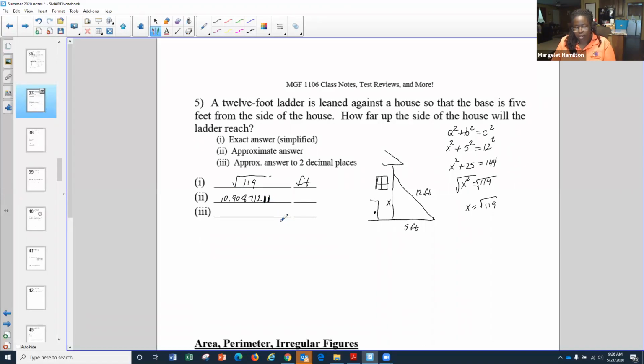Okay, then feet. Now this time we're approximating to 2 decimal places, not 3, but 2. And here's my second place right there. So when we round, we get 10.91 feet.